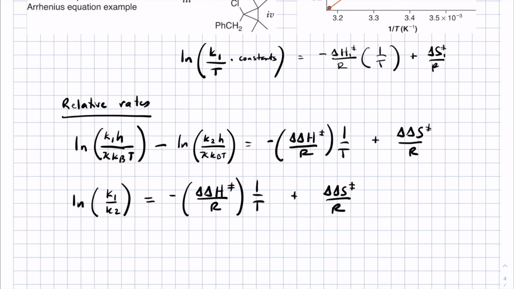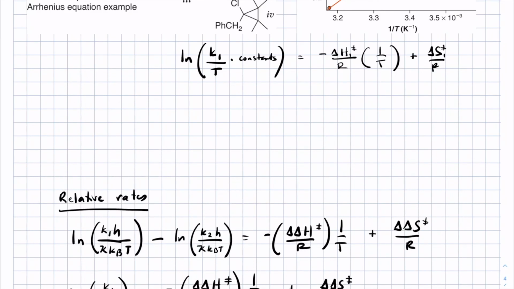And so that's the first reaction. I could do the same for a second reaction, reaction 2, with constants here and delta H for reaction 2.